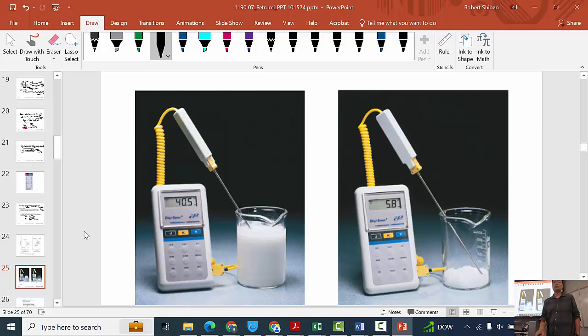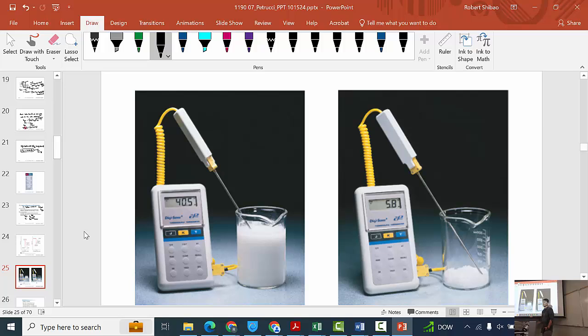Calorimetry, we want to measure how much heat was transferred. So in calorimetry, we'd have a calorimeter. With the calorimeter, we can monitor how much heat was dissipated from our reaction into the surroundings, which is our calorimeter, basically.